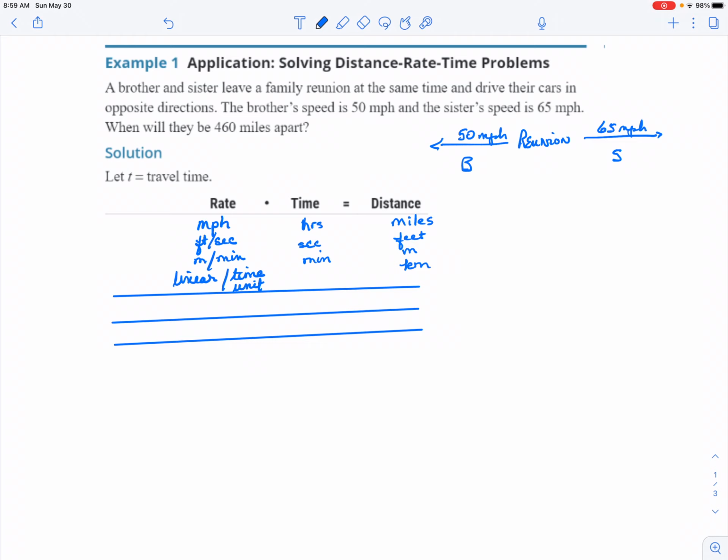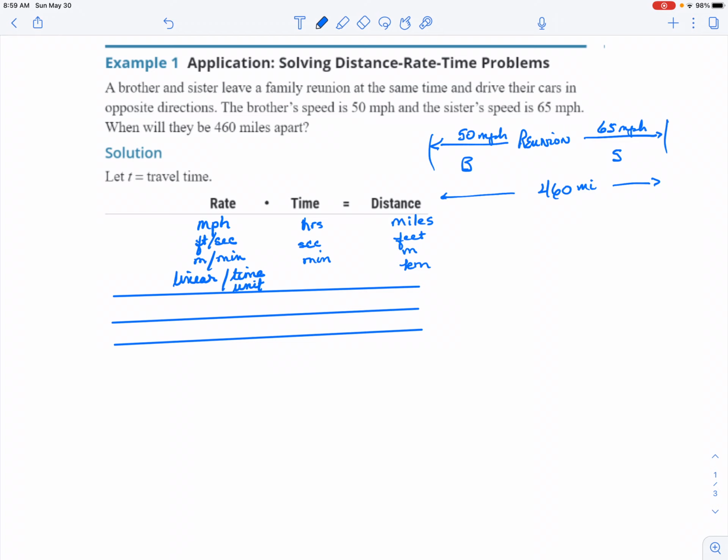So they start in the middle, they go in opposite directions, and at some point in time, they're just traveling along, getting further and further apart. At some moment in time, this distance will clock in at 460 miles. All right, so that sort of helps me think about what's going on here.